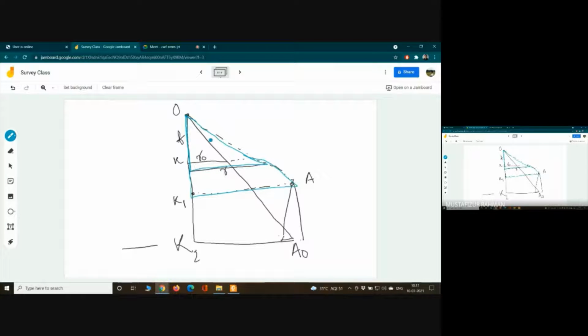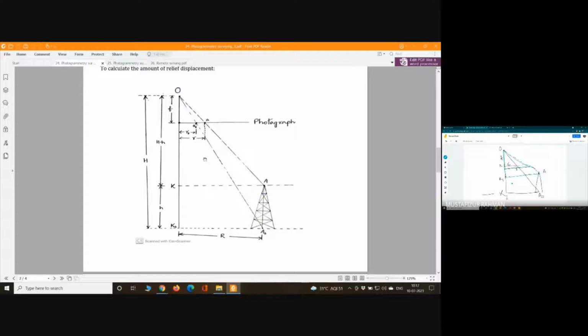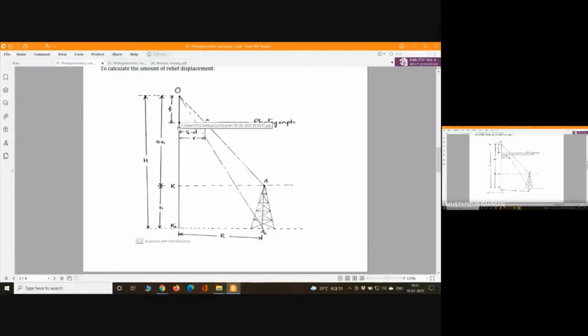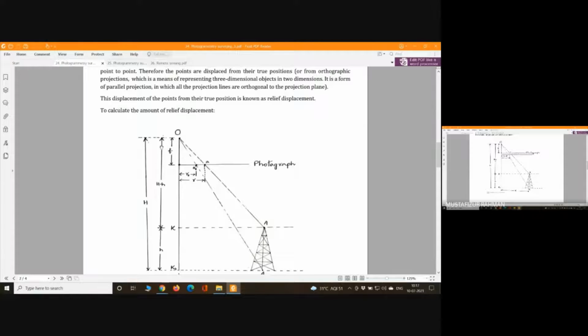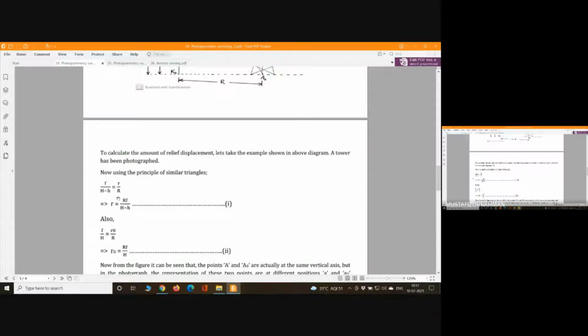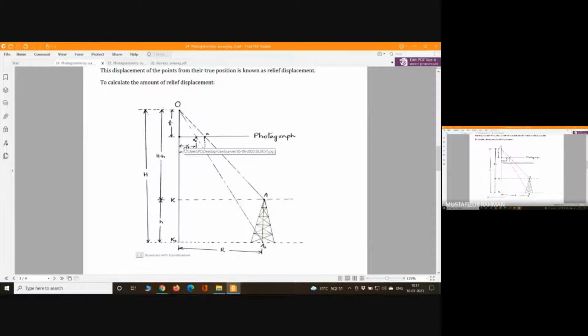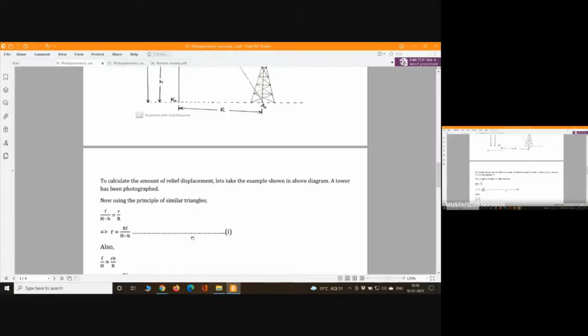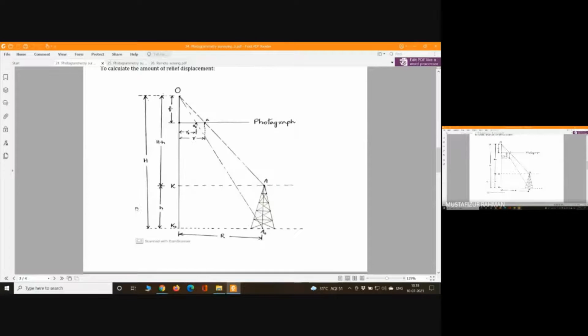Okay. So if we go back here, what we see is F divided by capital H minus small h. This will be corresponding to what? This will be corresponding to small r divided by capital R. From there, we can find r.